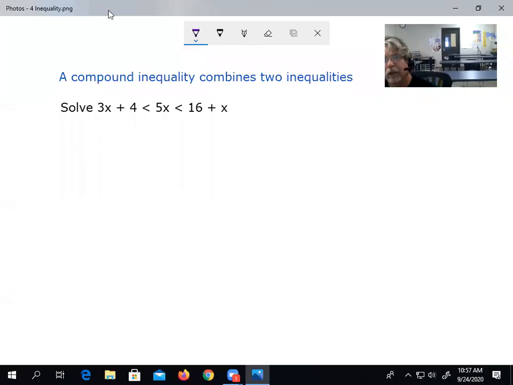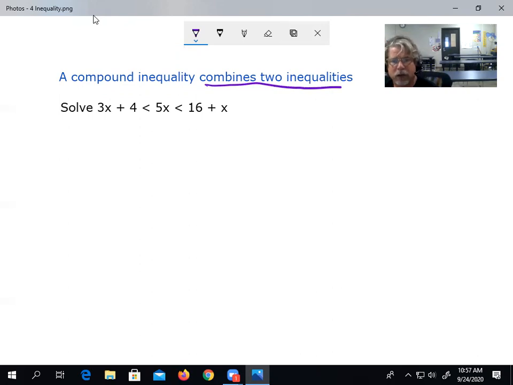So another thing we may have is what's called a compound inequality, which basically combines two inequalities together. Notice how we have: solve 3x plus 4 is less than 5x, and then 5x has to also be less than 16 plus x. That gives us these two inequalities.